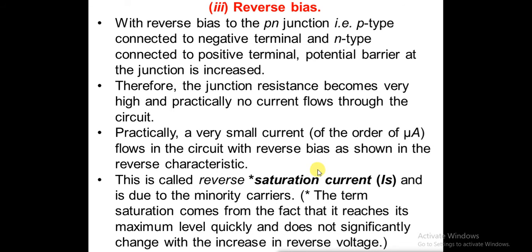So a very small current, in the order of microamperes, flows in the circuit when it is reverse biased, and this reverse current which is flowing is called the reverse saturation current, or we can say reverse leakage current, and this current is due to the minority carriers.